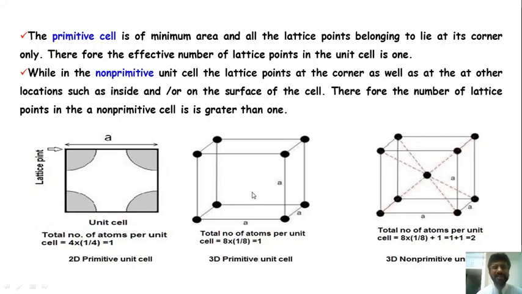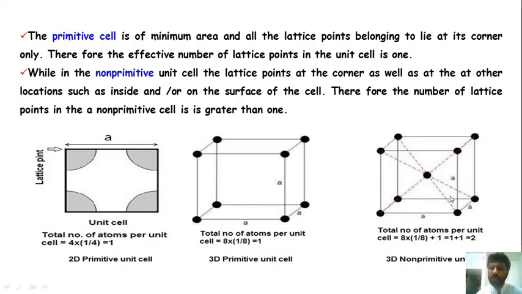Now in the three-dimensional primitive unit cell, there are 8 corners, and at each of these corners 1/8 of an atom is contributed to this unit cell. So 8 multiplied by 1/8 is equal to 1. Here also, in the case of the primitive unit cell, the effective number of lattice points is 1 only.